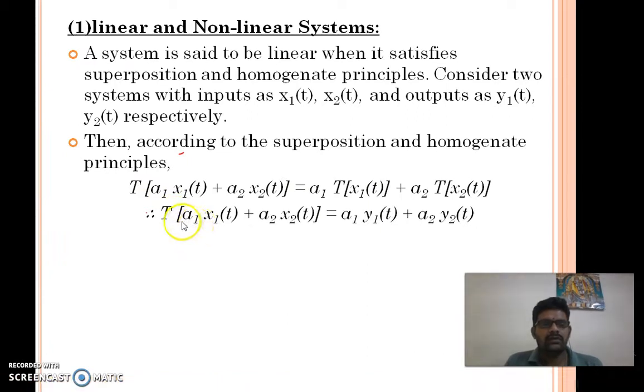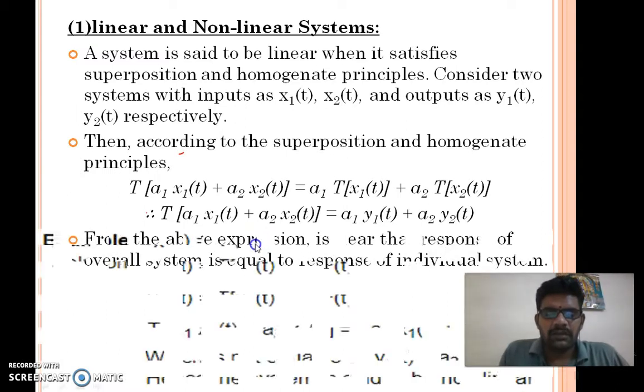Therefore the transformation T of a1 x1 of t plus a2 x2 of t is equal to a1 y1 of t plus a2 y2 of t. So a weighted sum of inputs produces a weighted sum of outputs. It satisfies both superposition and homogeneity, and the system is linear.